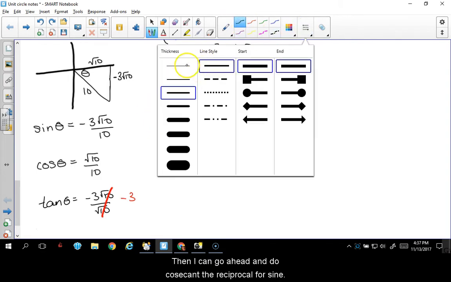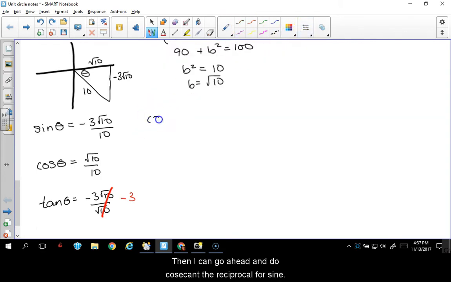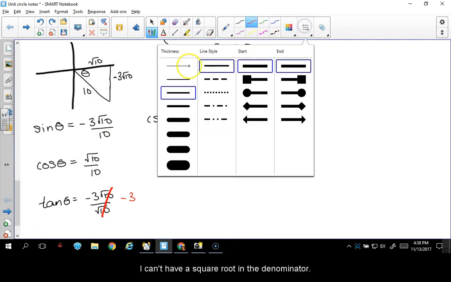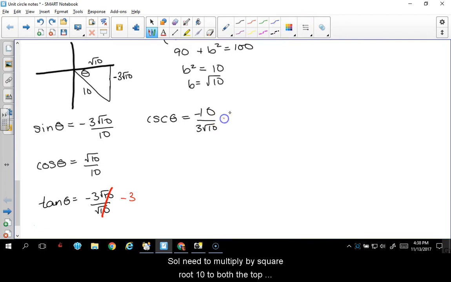Then I can do cosecant, the reciprocal of sine. Now I'd have 10 over 3 square root 10. It's a negative 10 because I have a negative associated with the whole thing. I cannot have a square root in the denominator, so I need to multiply by square root 10 on both the top and the bottom.